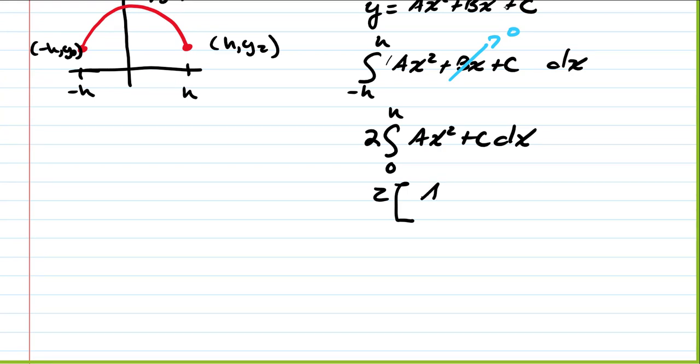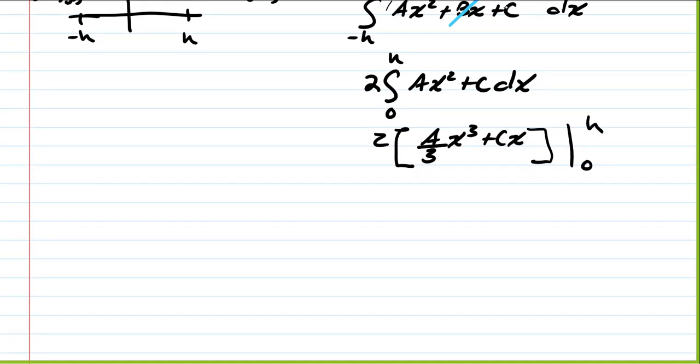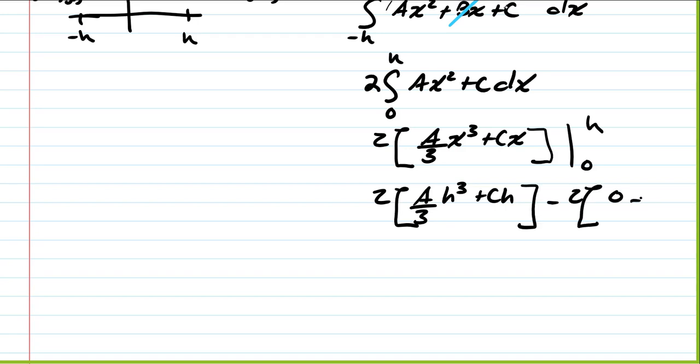We're going to have a over 3 x cubed plus cx, and we're going to evaluate that from 0 to h. So that's going to give us 2 times (a over 3 h cubed plus c times h) minus 2 times 0 plus 0.